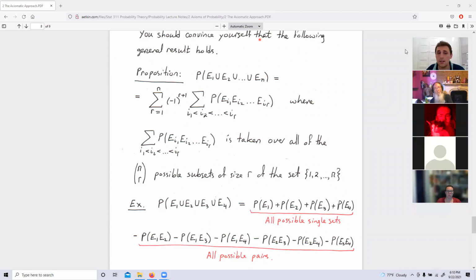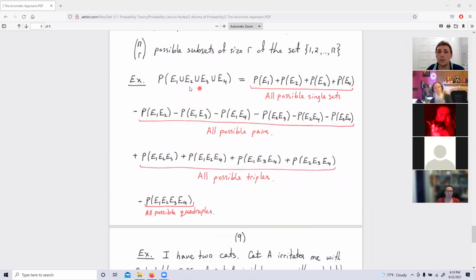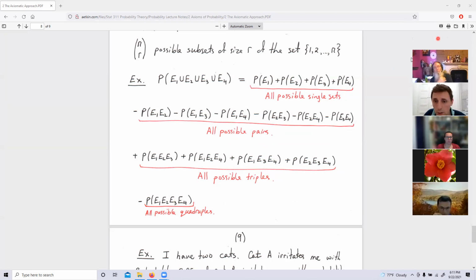Do you understand? So for instance, here I wrote an expansion for E1 union E2 union E3 union E4. So I add up all the possible single sets, I subtract all possible pairings, I add all possible triples, and I subtract all possible combinations of four, which is of course only one possible combination of four.